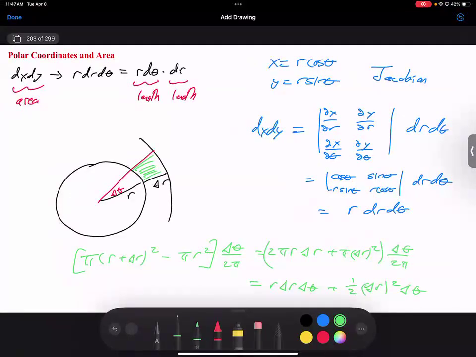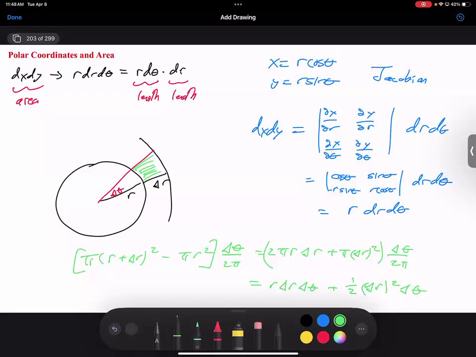And there, do you see the r dr d theta? The r dr d theta is naturally emerging. What else is present? A smaller term. And in the limit, what happens to that smaller term? It goes to 0, but so does the other term. It goes to 0 faster, right?